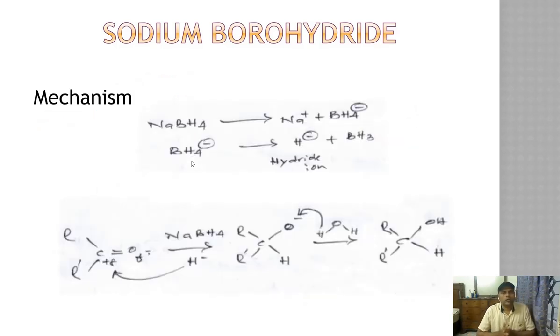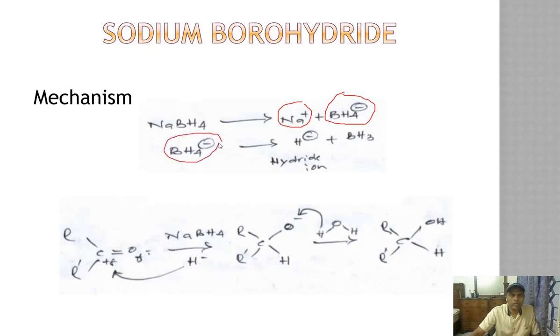Alright, let's look at the mechanism. Sodium borohydride is going to convert to sodium ion and borohydride. The borohydride is going to give you the hydride ion, the one with the hydrogen. So this hydride is going to be useful over here.